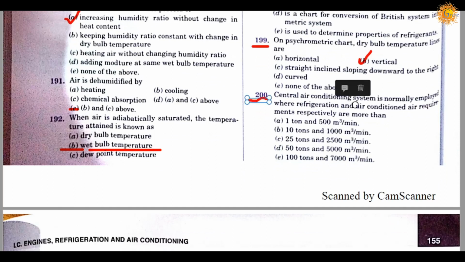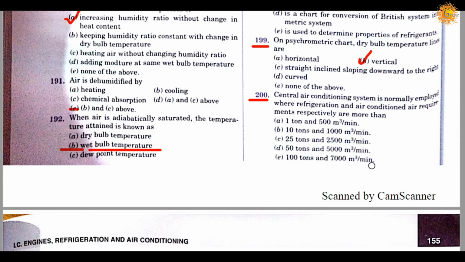Question number 200. Central air conditioning system is normally employed where refrigeration and conditioned air requirement respectively are more than option A 1 ton and 500 meter cube per minute, option B 10 tons and 1000 meter cube per minute, option C 25 tons and 2500 meter cube per minute, option D 50 tons and 5000 meter cube per minute, option E 100 tons and 7000 meter cube per minute.